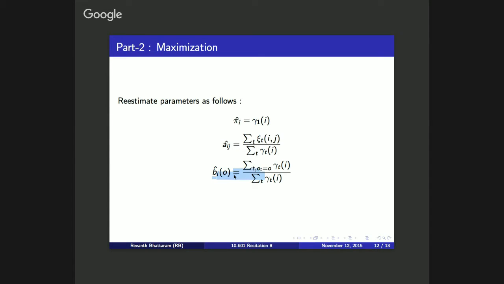We're summing up over time to remove that dependence on time. And then in the numerator, we're only looking at specific instances where my observation was actually O. And then we sum up over Z.